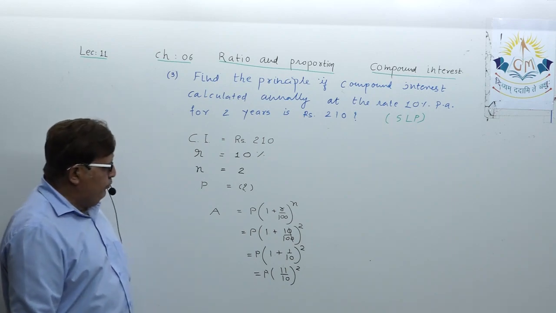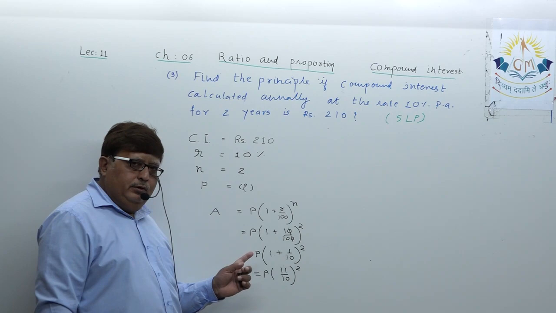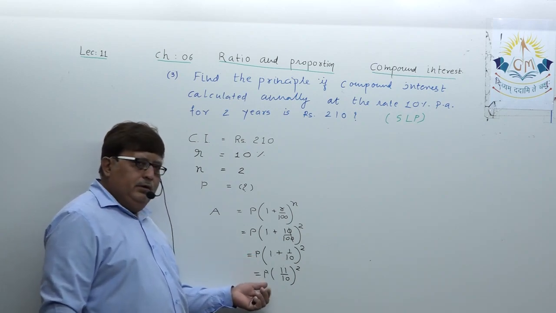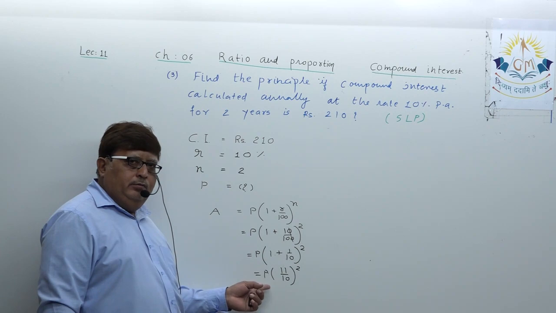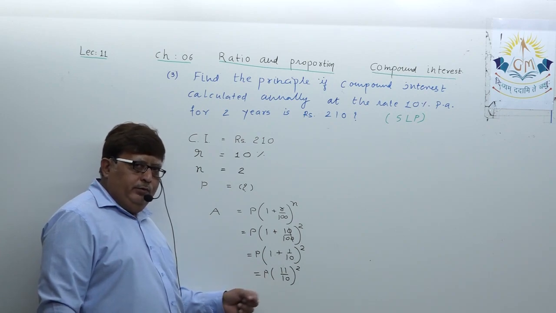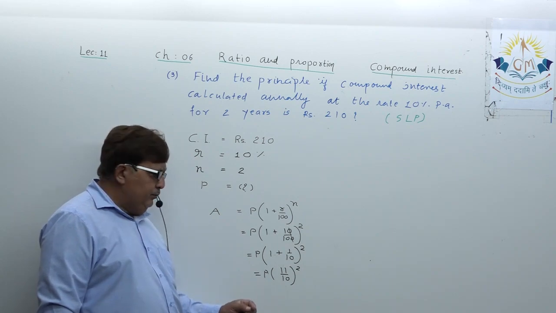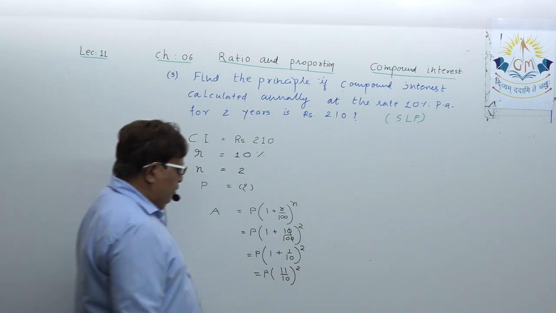That means we got the mathematical expression for amount in terms of principal: P into bracket 11 upon 10 raised to 2.